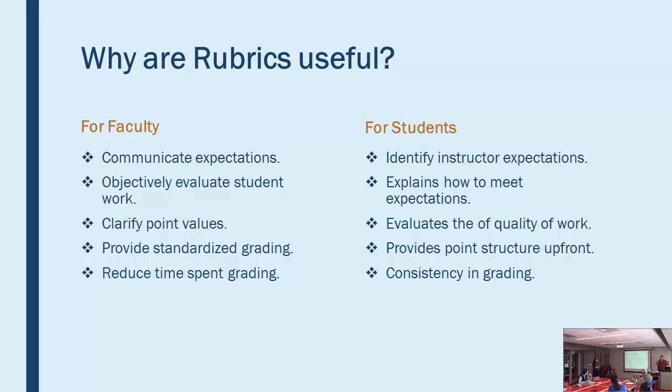Because the way a rubric is put together is it has very clear pieces of the assignment, what the outcomes of the assignments map to, that the students can then see, sort of middle ground, where is it that I need to reach for full credit, and then where are the pieces in between that I could potentially fall into if I don't, in lower grades. So like a 10 out of 10 is this, an 8 out of 10 is this, a 6 out of 10 is this, and it helps them strive towards a higher grade.